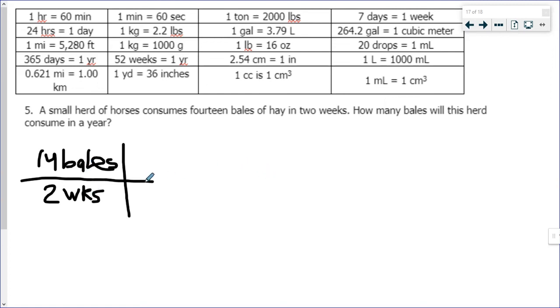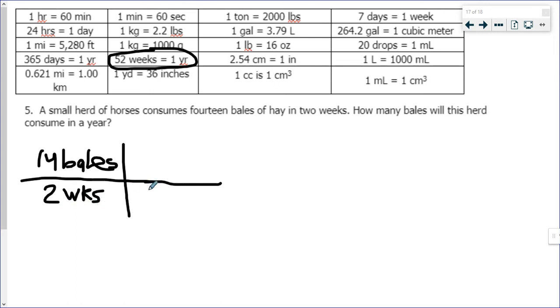Now, we know that in 1 year, we have 52 weeks. So right here, we're going to use that conversion factor. I want to get rid of weeks, and I want it to go into years. So I want to put the thing that I'm dividing out of on the opposite side.